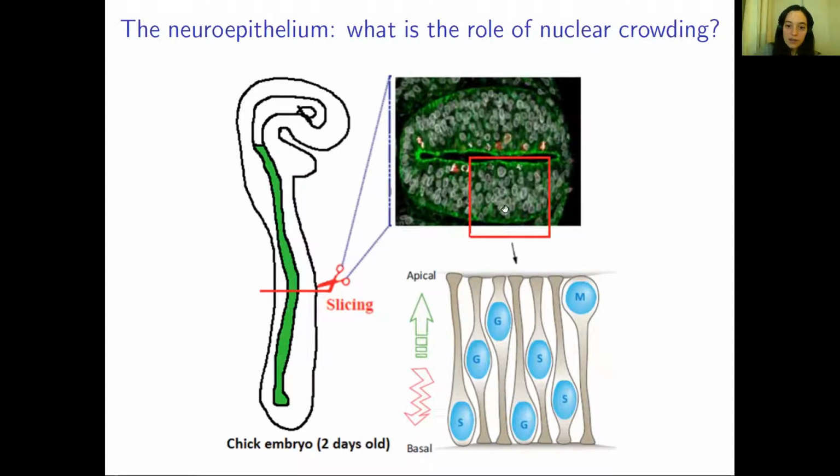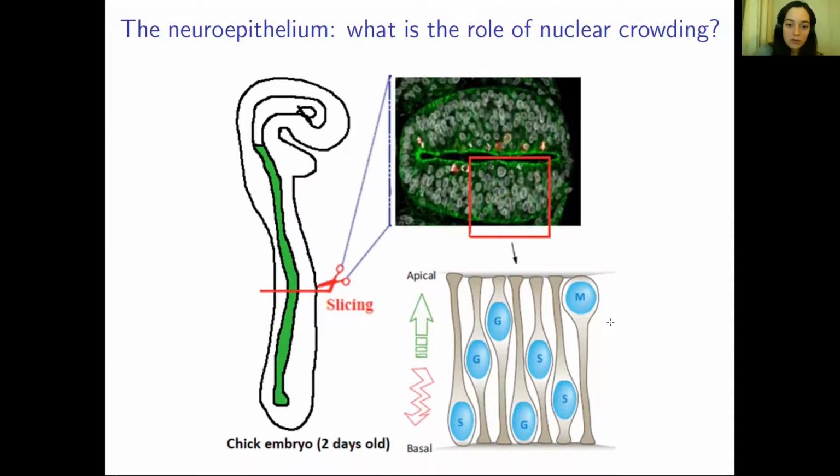What we see is that the nuclei are very packed, and they also move up and down inside the cell in order to perform division. The nuclei always divide apically, and for that they travel inside the cell to the apical site before division.